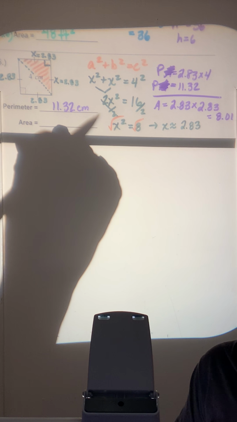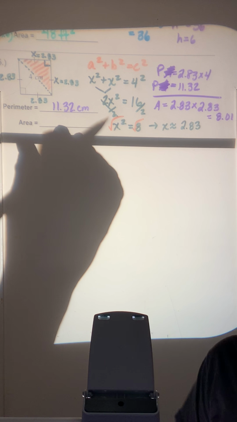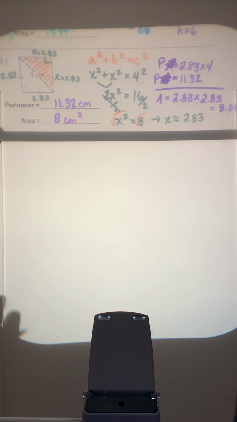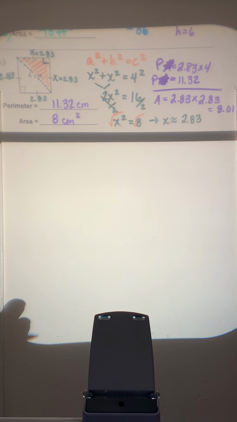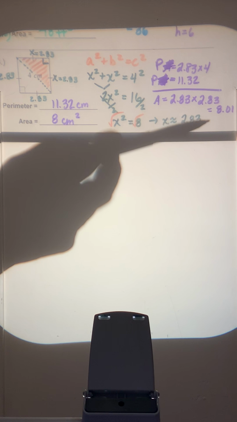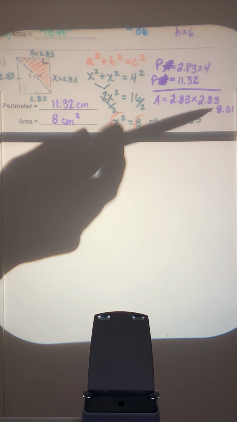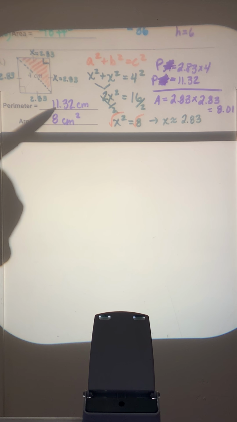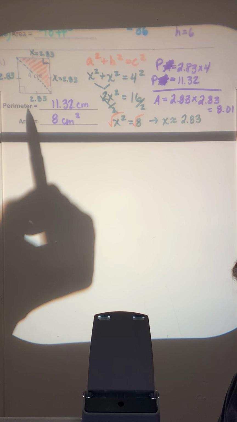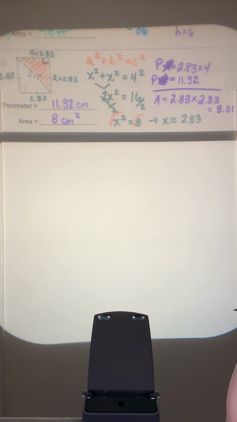It's actually just going to end up giving us exactly 8. So we've got 8 centimeters squared. So look how tiny that little decimal is. For our perimeter, 11.32. Okay, and that's what gives us our square.